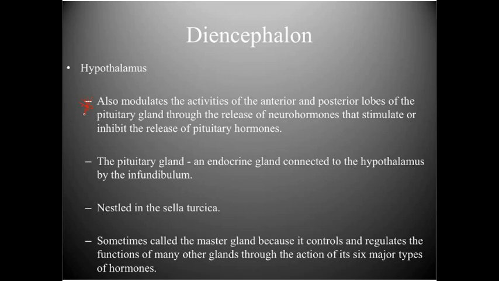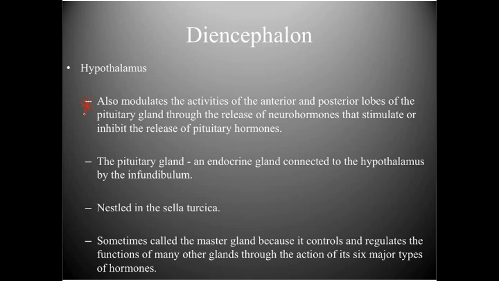So that brings us to the pituitary gland, which is an endocrine gland connected to the hypothalamus by the infundibulum. We all know that it's nestled inside the sella turcica, and it's sometimes called the master gland because it controls and regulates the function of many other glands through the action of its 6 major types of hormones.